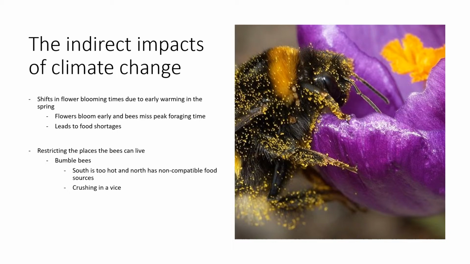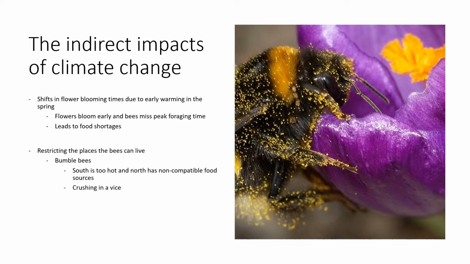I specifically looked at bumblebee populations in Texas, and in this case, the bees and the flowers had evolved together, and the bees would emerge at the same time that the flowers bloom, and everything was great, and then the flowers started blooming earlier, and the bees would miss the peak bloom and would die because of a lack of food. And this can have horrible impacts on the colony. As you can imagine, bees would starve, there wouldn't be enough food to go around. So this is a massive problem in some places.